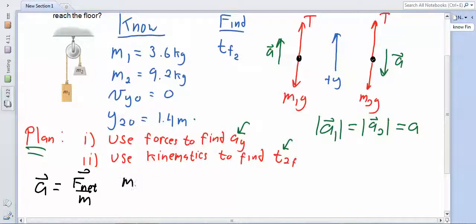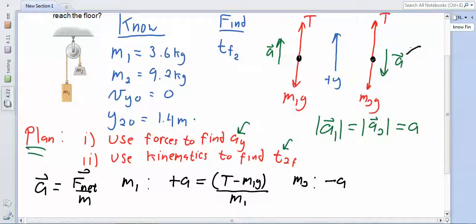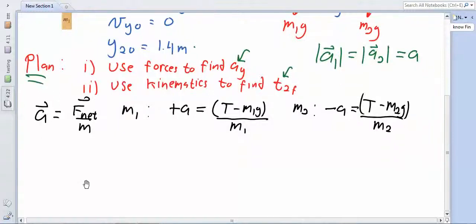So if I apply that to the mass M1, which is the one that's on the left, I would have that plus A, because the acceleration is upwards, would be equal to the quantity T minus M1G divided by M1, and in a similar manner for the mass labeled M2, I would have negative A, because that acceleration points downwards, is equal to T minus M2G divided by M2.